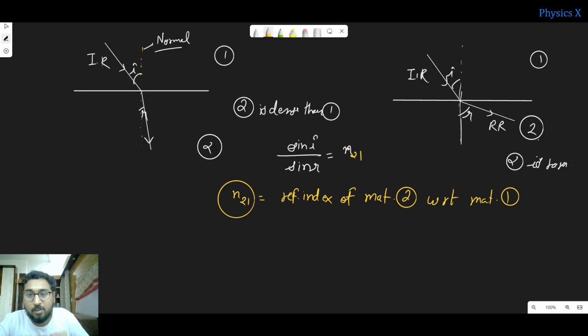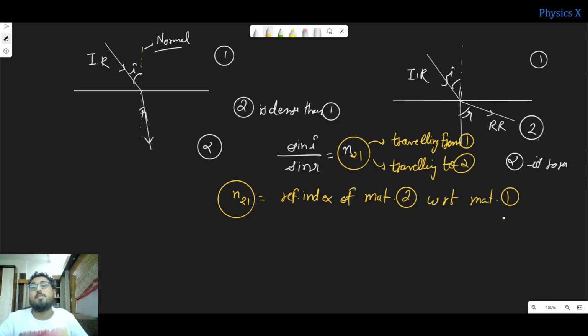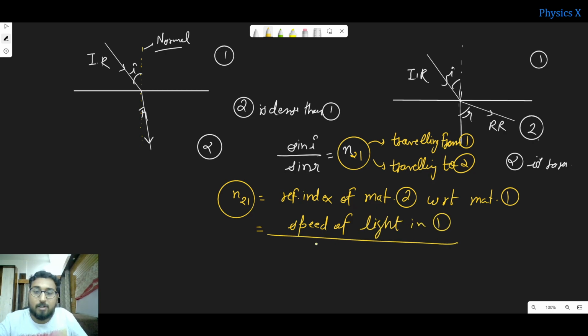Considering this case, n21 is the refractive index of material 2 with respect to 1, where you can easily see that this ray of light is traveling from 1 to 2. This is important, and this is also the speed of light. This will be used in some numericals: speed of light in 1, divided by speed of light in 2.